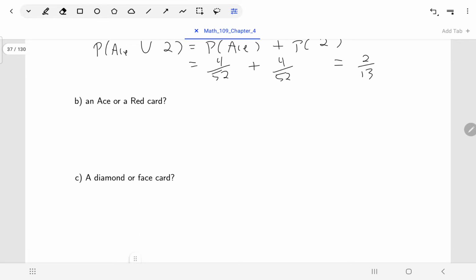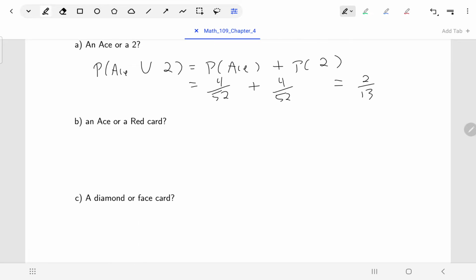Okay, let's carry on. Ace or a red card. For this one, I have to again think about whether there's an intersection. Is it possible for you to be an ace and also red at the same time? The answer is definitely yes. You could be an ace and also red if you were the ace of hearts or the ace of diamonds.